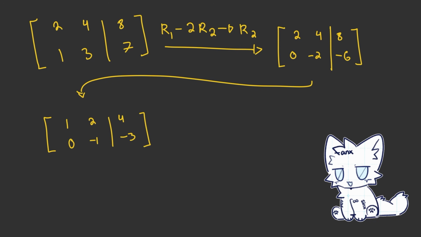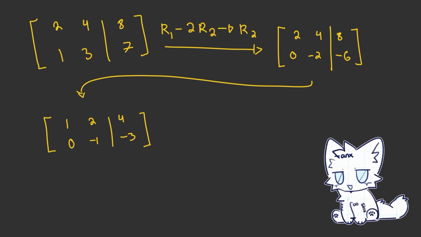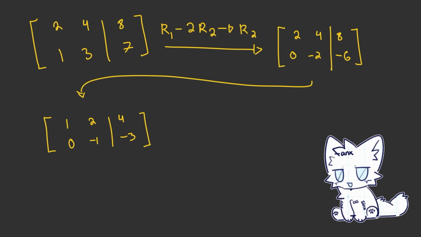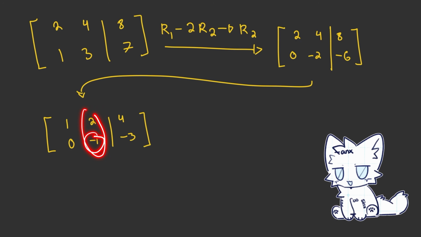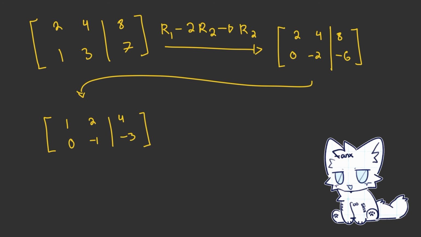Now, this is in row echelon form, but how do we actually reduce this into reduced row echelon form? Well, we want to get rid of this up here. We want this pivot down here to be the only non-zero entry.